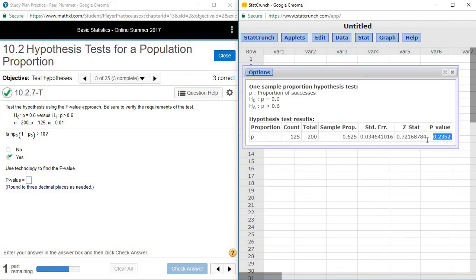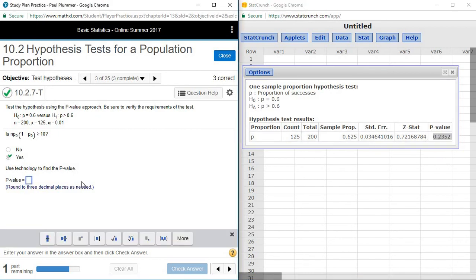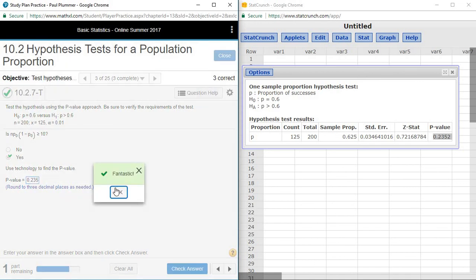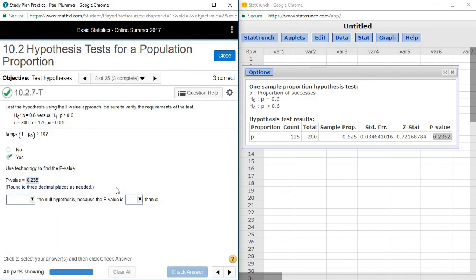And here at the end, this is our p-value. So our p-value here would be 0.235. Then remember, when we are performing a test, we want to compare this p-value with the alpha level of significance.